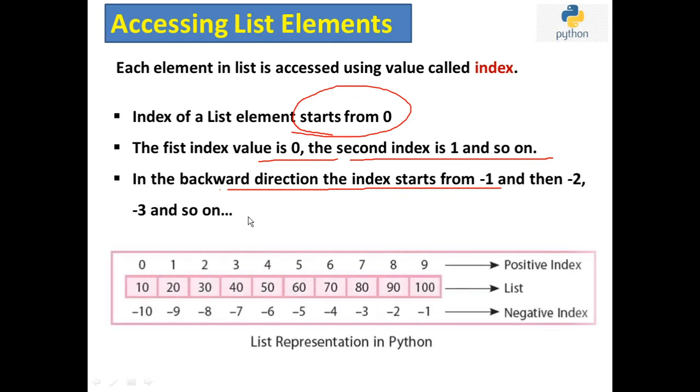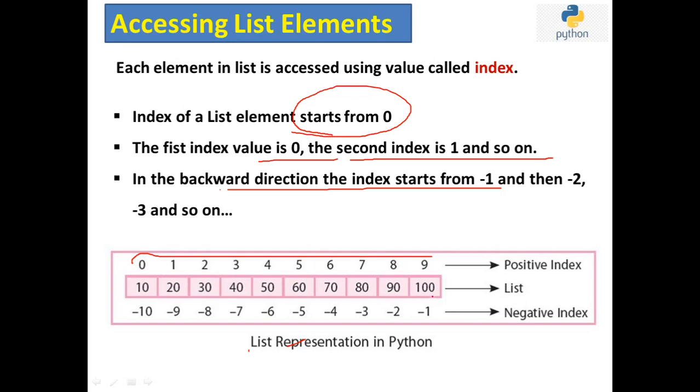Let's see an example. This is the list representation in Python. Here the list contains elements 10 to 100. It tells us that this list is following a particular order, starting from 0 and increasing by 1, 2, 3 like this up to 9.